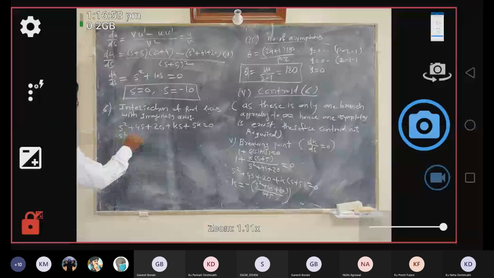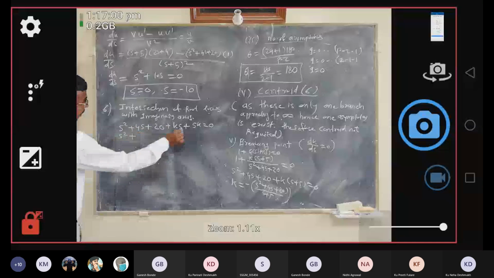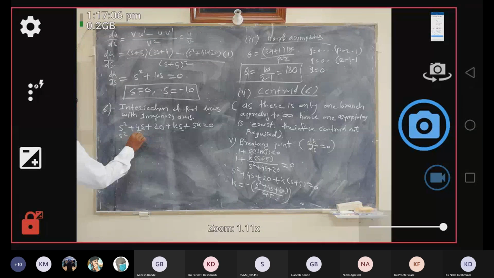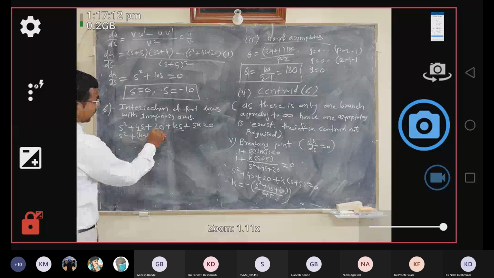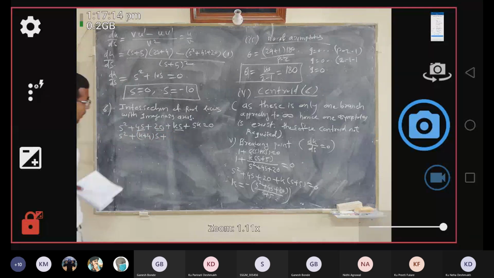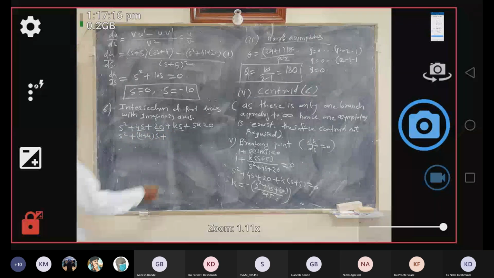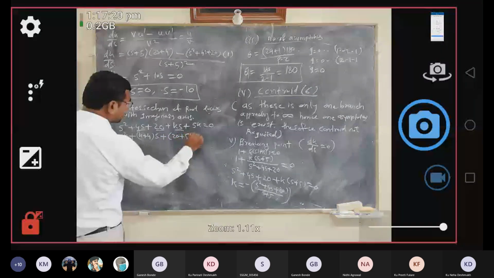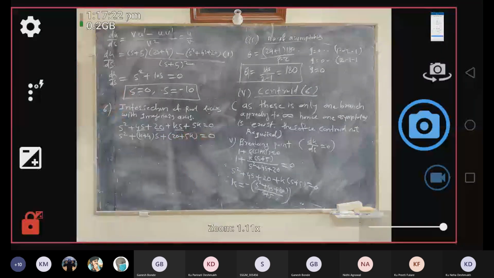So s square plus, you can take the s term common. So it could be (k plus 4) into s plus a constant. Okay, so the constant term you will get is 20 plus 5k, which is equal to 0. So this is your required expression.